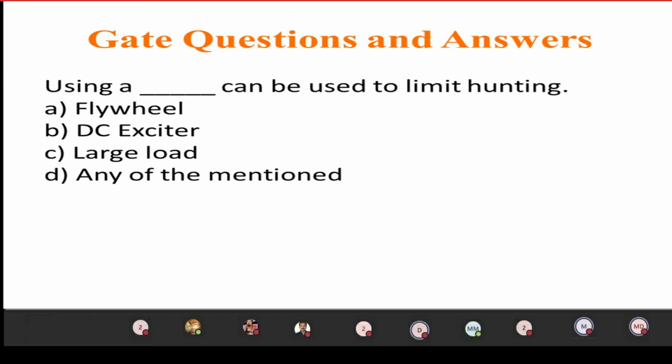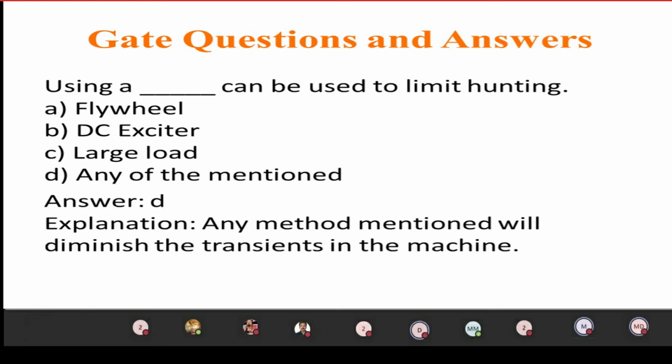Any of the mentioned. So it's a simple answer. Here flywheel is a correct answer. At the same time, any of the mentioned. So let me choose the safer side: any of the mentioned. So flywheel can be used to limit hunting.